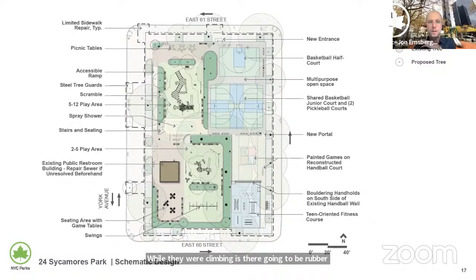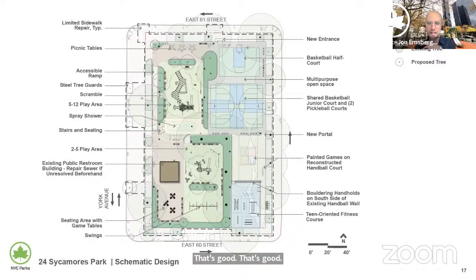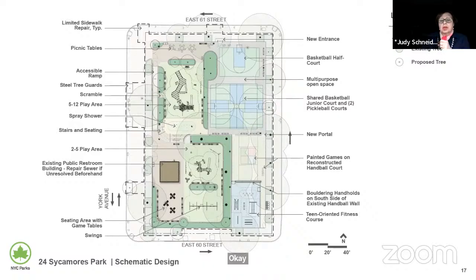Is there going to be rubber matting there? Yes, and just to be clear, the handholds won't go too high. That's good. The main activity with bouldering is actually moving from side to side and practicing in that way without going so high that there's much at stake. Okay, so how high would you say the handholds will go?